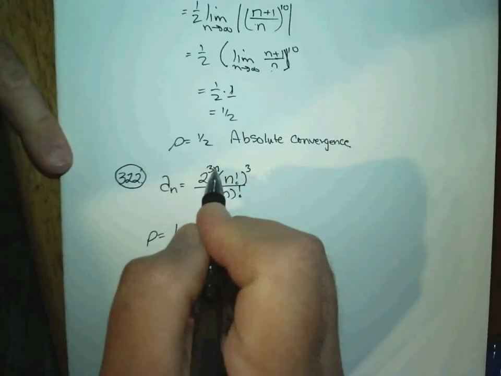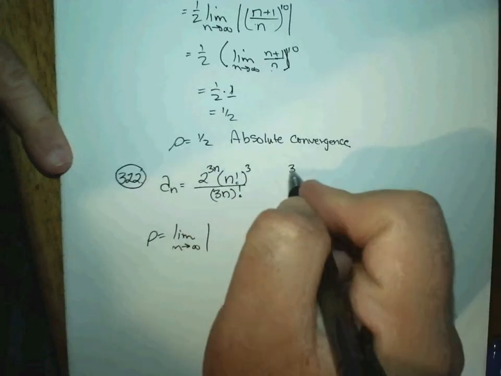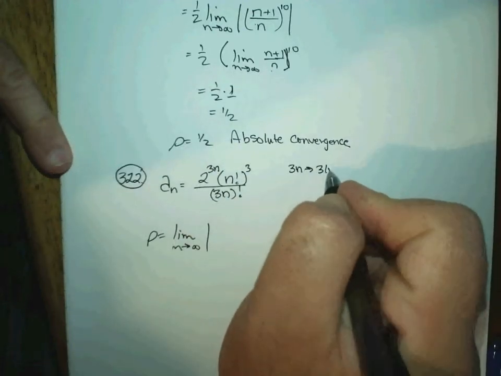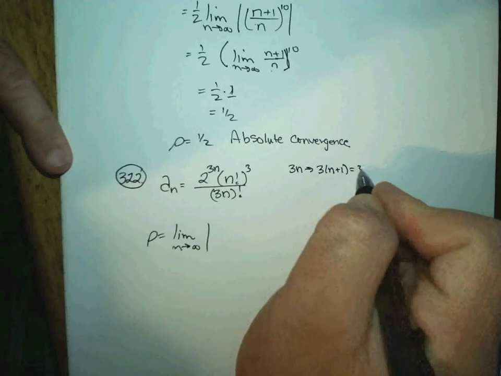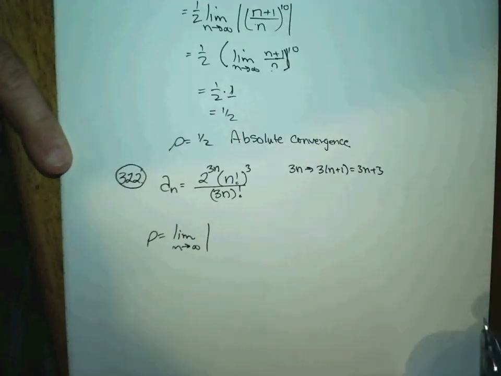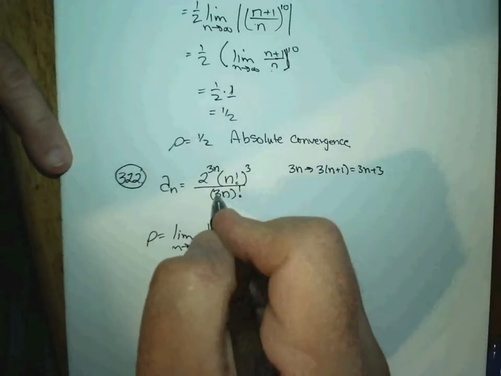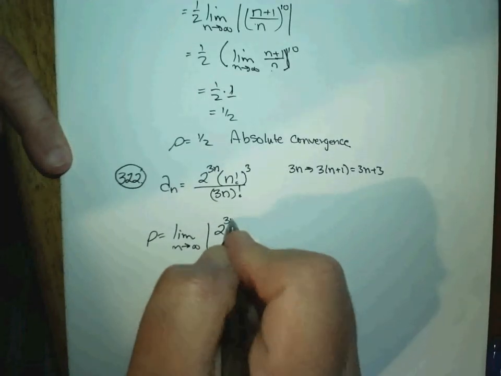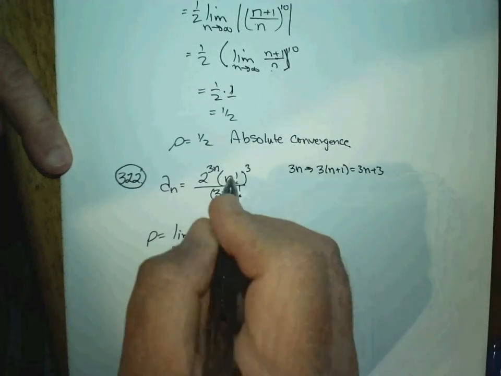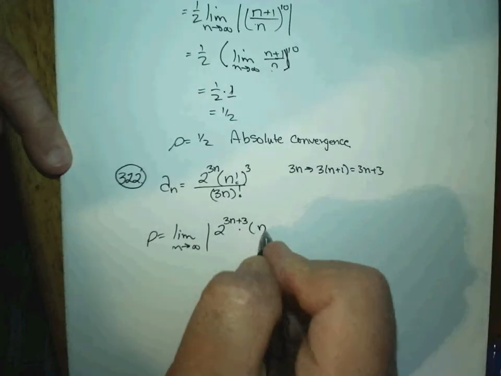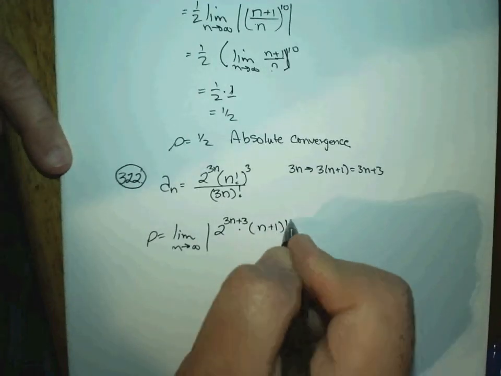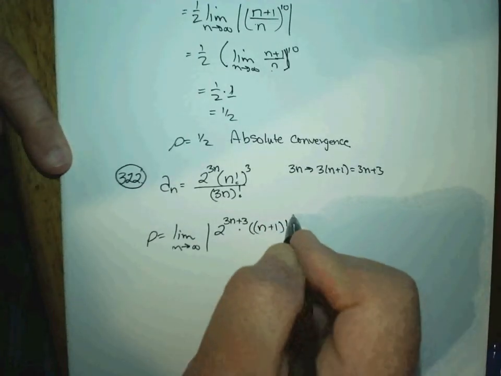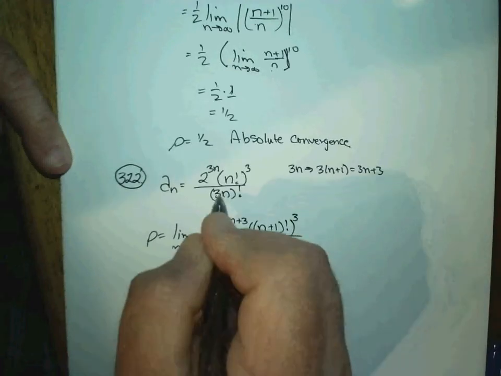Now think about it. When you increase n by 1 here, 3n, when you increase the n by 1, that's 3n plus 3. Same thing here. So you're getting 2 to the 3n plus 3. This n increases by 1. N plus 1 factorial gets cubed.